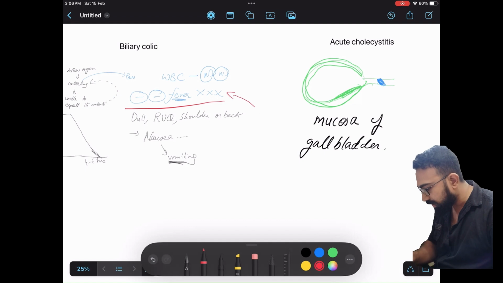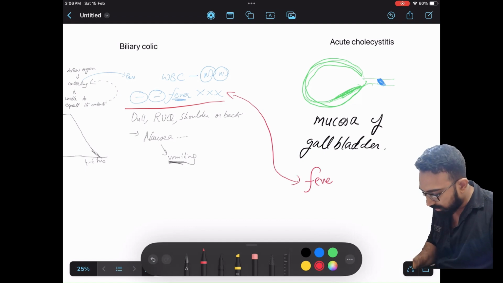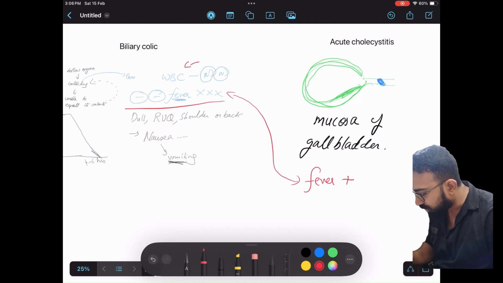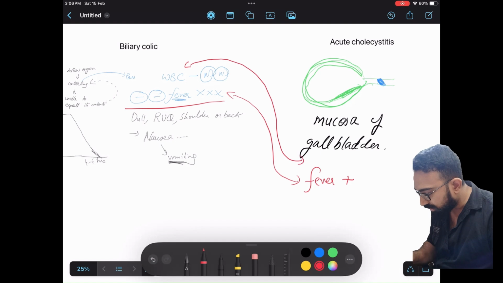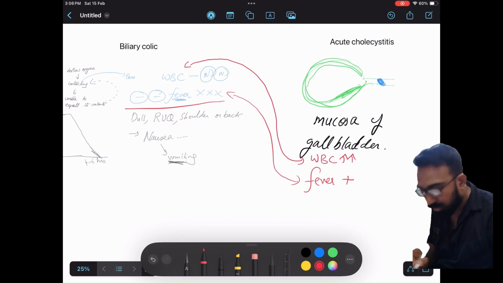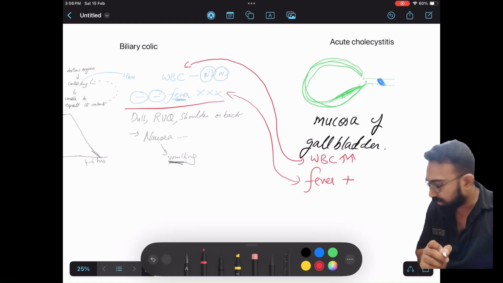In biliary colic there is no fever, whereas in acute cholecystitis there is fever. And I have told you that in biliary colic the WBC will be normal. Here the WBC will be elevated. There will be leukocytosis.